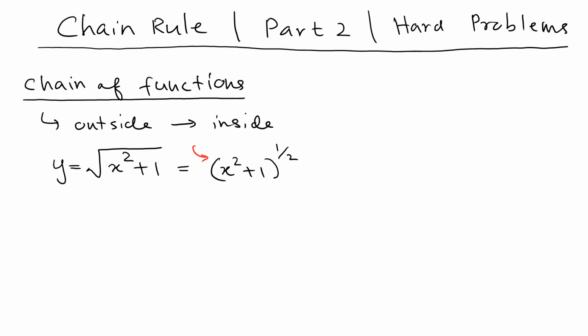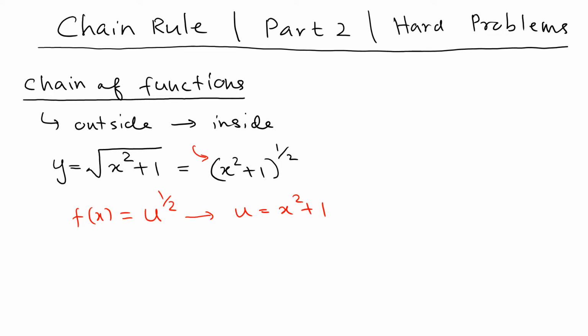So the outer function is f(x) equals square root, something under a square root. That's the most outer function. And then next you go to the next inside function, which is x squared plus 1. So that is the chain we are talking about. The first one is the square root function, the second one is the x squared plus 1 function.